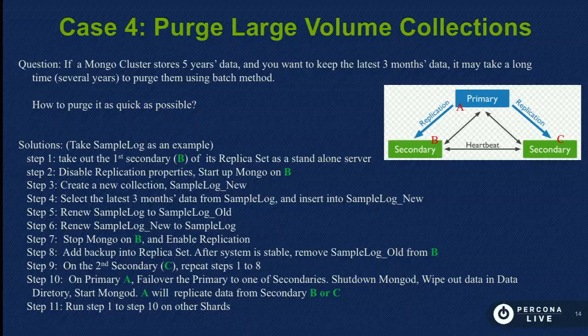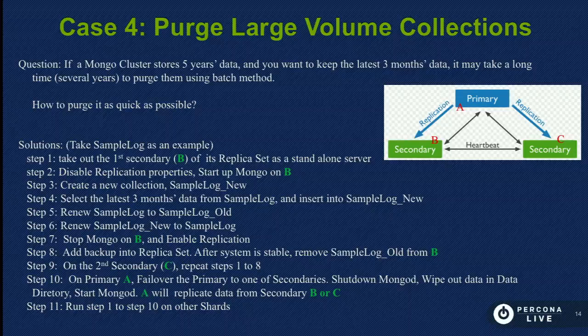After that, we can create a TTL index on it. Then you can stop this standalone mongod on the server, enable replication, and start mongod. It will automatically add back to the replica set because it has a local oplog position.